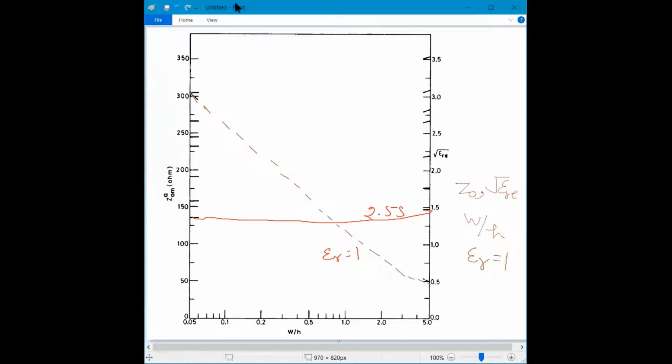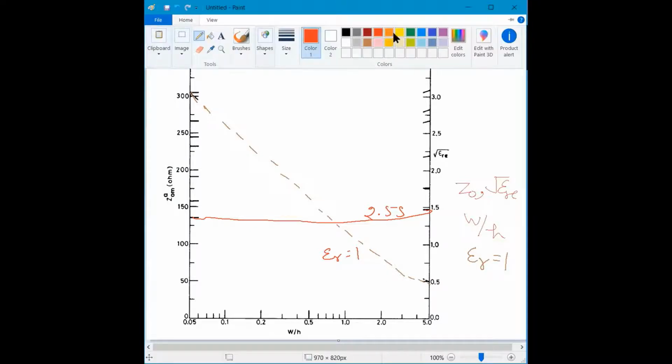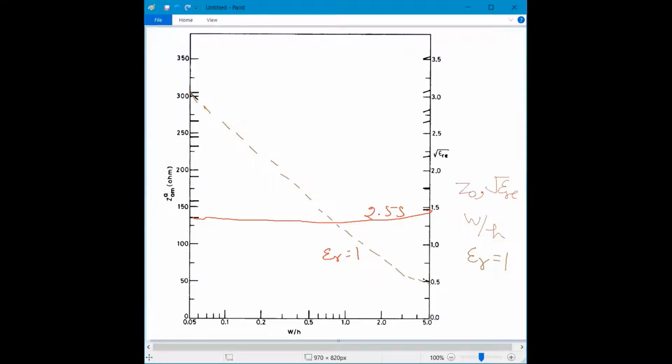And similarly if we have the value of dielectric constant 3.78, then this curve will be plotted like this.